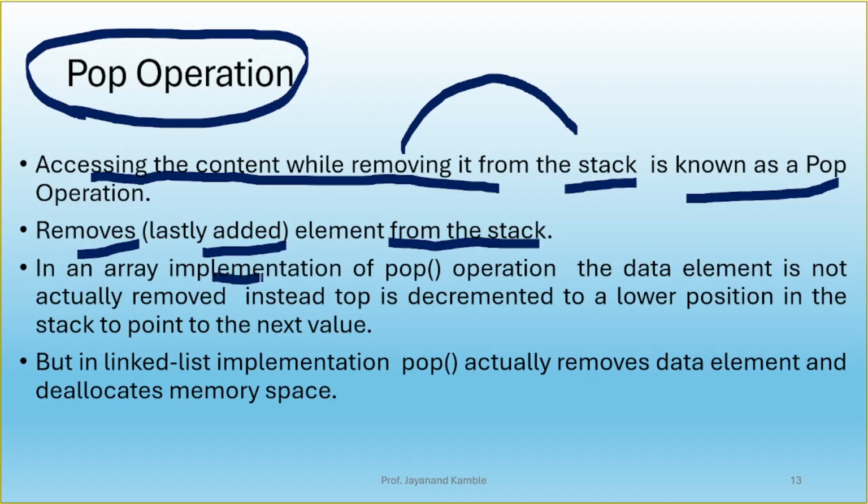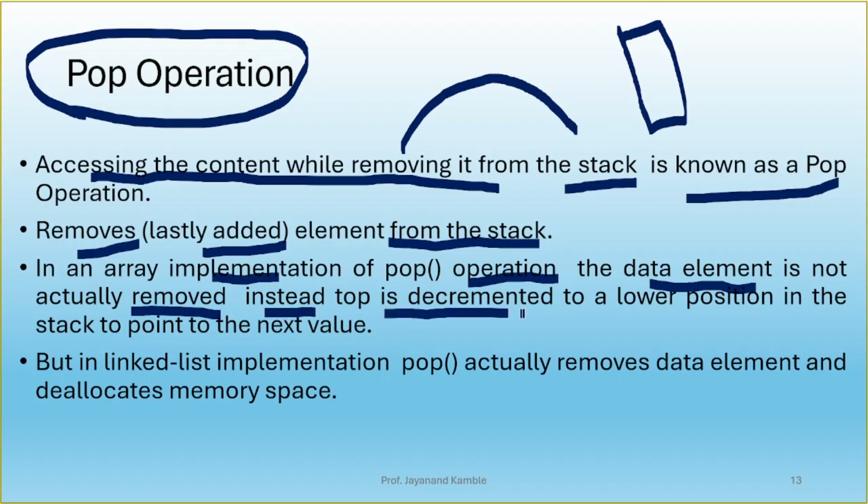In an array implementation, listen carefully, we are implementing the stack with the concept of an array. So in an array implementation, the pop operation, the data element is not actually removed. Array element is not actually removed. What do we actually do? Instead, the top is decremented to a lower position.